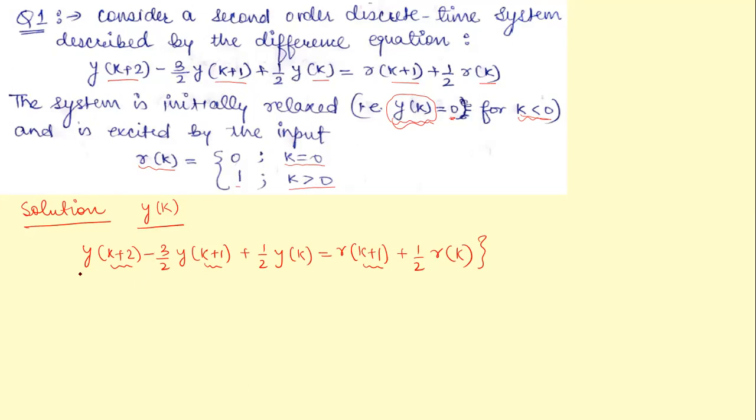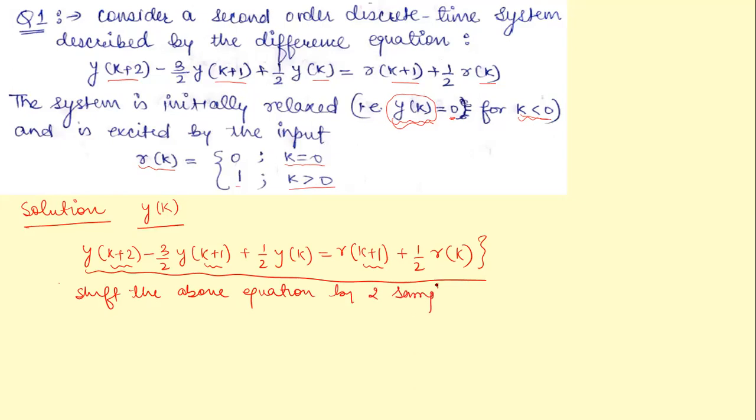Now we have to convert this equation into the equation with the delayed samples, right? So if we shift the above equation by two samples, right? If we do so, what will happen?